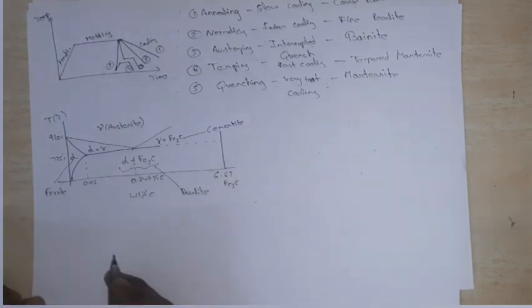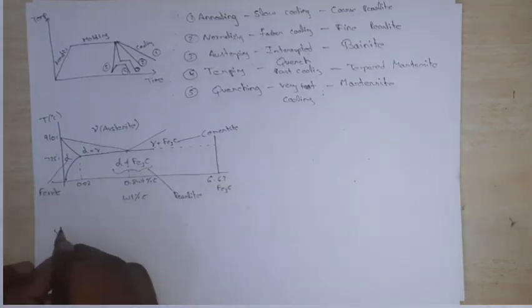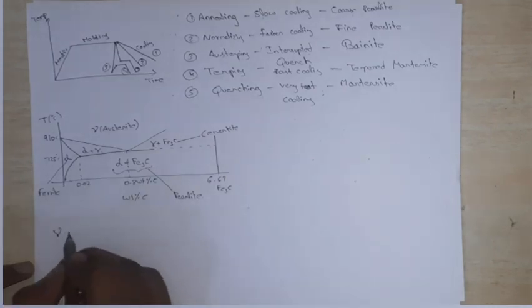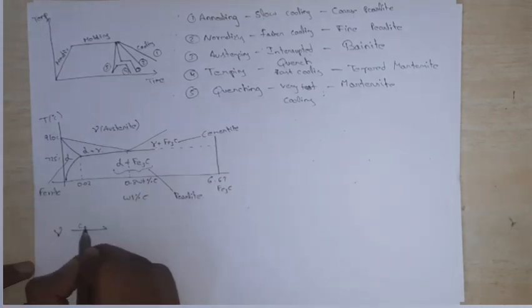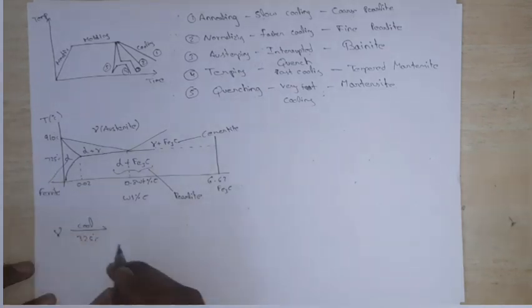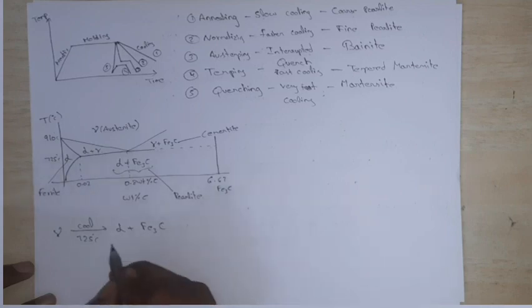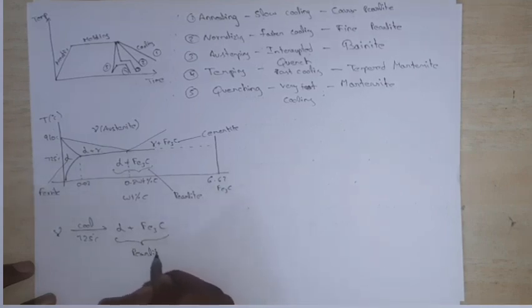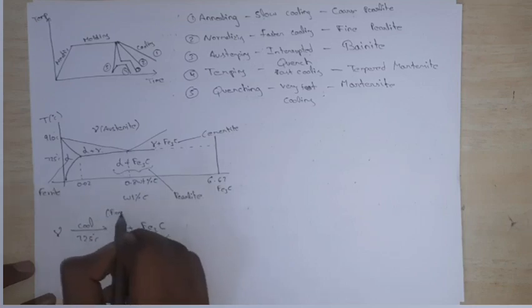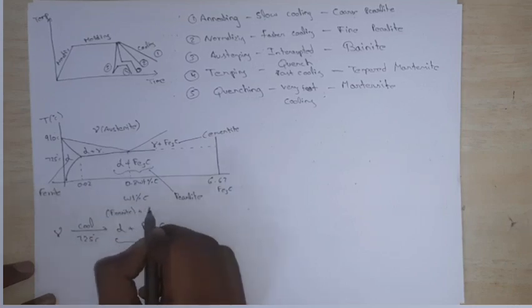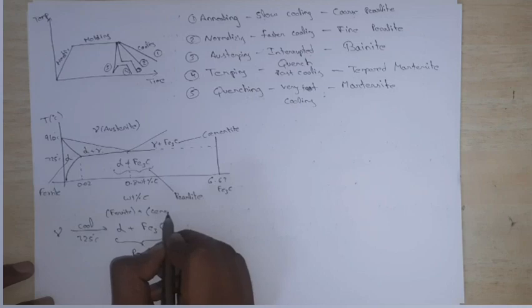If we see the reaction, when austenite is cooled at a temperature of 725 degrees Celsius, we get alpha plus Fe3C. The combination of these two, ferrite and cementite, is called perlite.